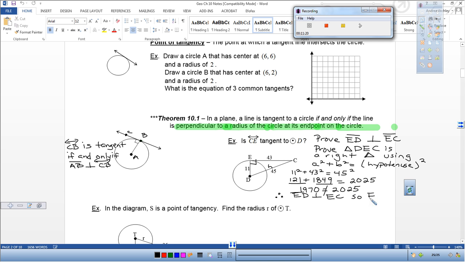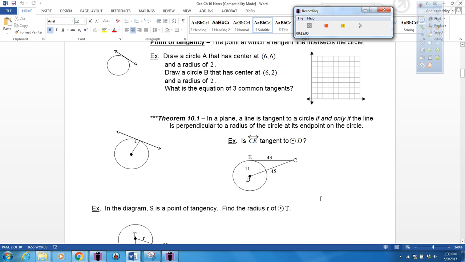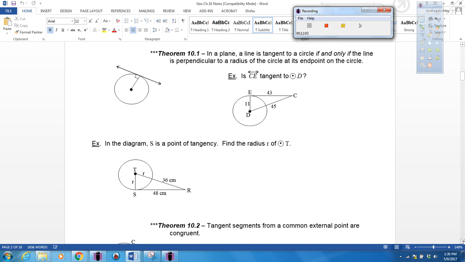So EC is not tangent to circle D at E. So in your homework you're going to have to use the Pythagorean theorem quite a bit. Any questions on it? Okay.